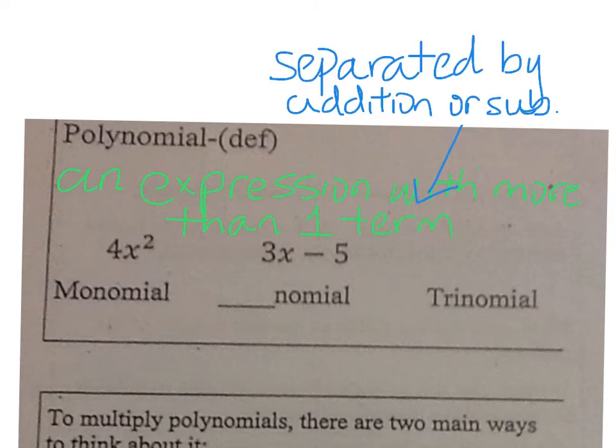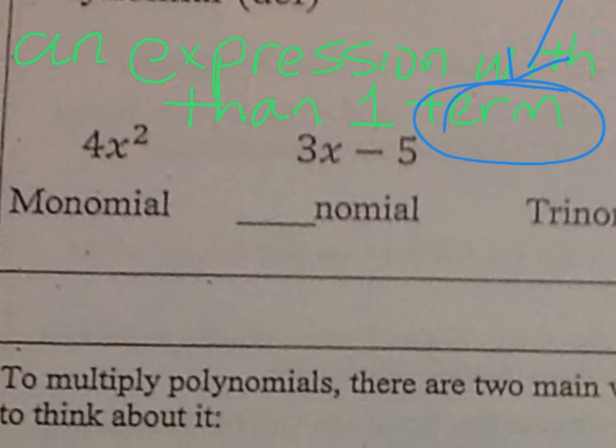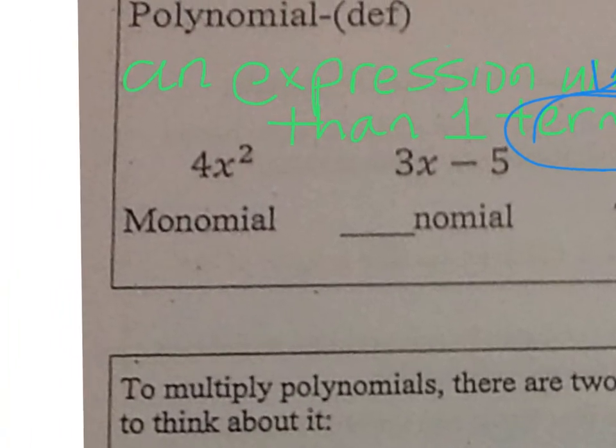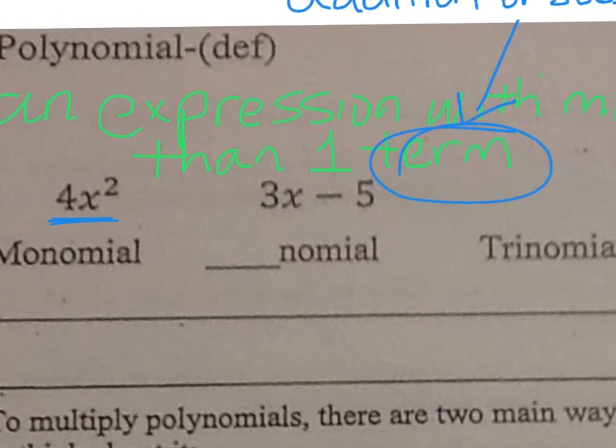Now remember, a term is anything that's separated by addition or subtraction. So if we're looking at these examples right here, this is a monomial because there's only one term. Then go ahead and figure out what you think. If it has two terms, what should it be called?